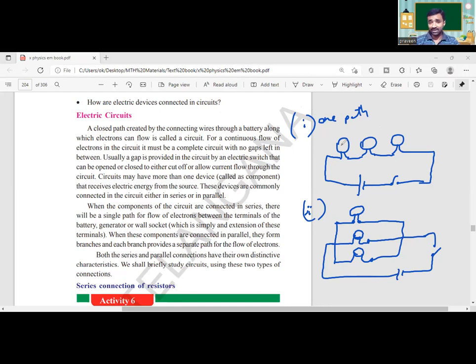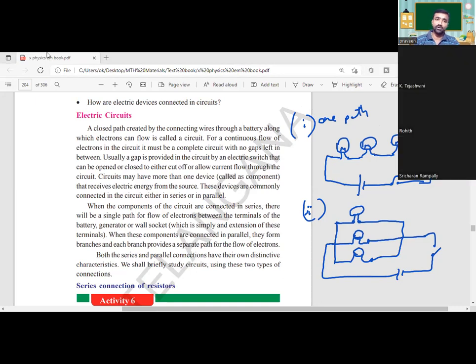Yes, that disadvantage is there. Suppose the bulbs have filaments. If one of the filaments is broken, what happens? Anyone answer me?